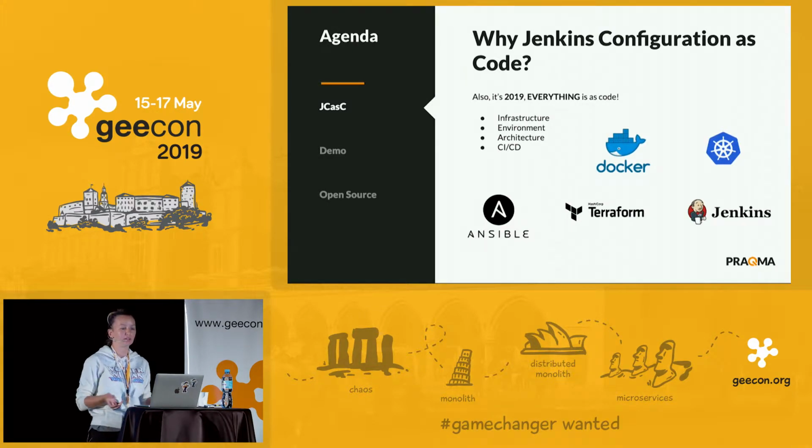But, well, it's 2019, and more or less everything is as code. And what I'm talking about here is from my DevOps area of expertise. So we have infrastructure as code, environment as code, architecture as code, or continuous integration tools as code too. And Docker, Kubernetes, Ansible, Terraform are many tools that allow you to manage any of those as code.